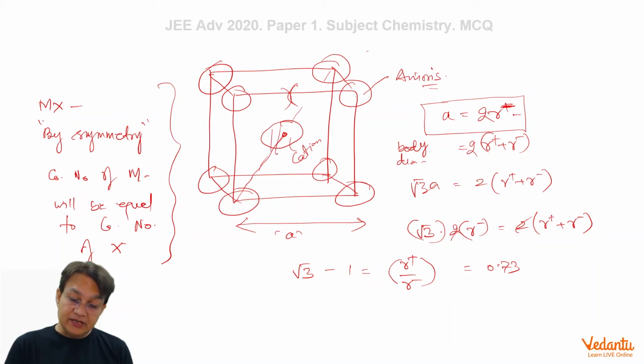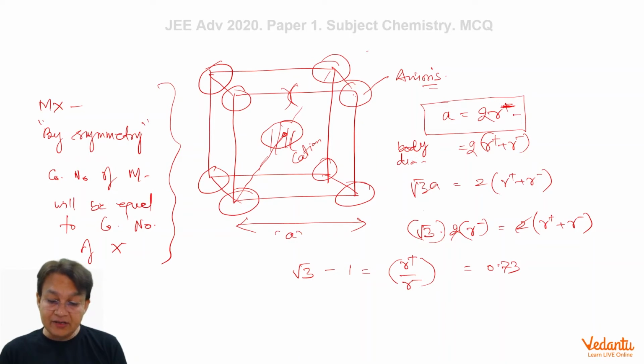See, this is a cation, and the cation is surrounded by 8 anions. And similarly, if you see the arrangement of any anion, it will also be surrounded by 8 cations.